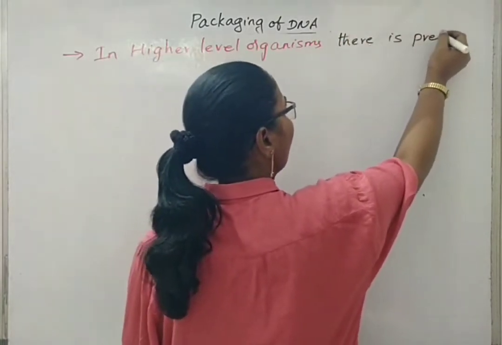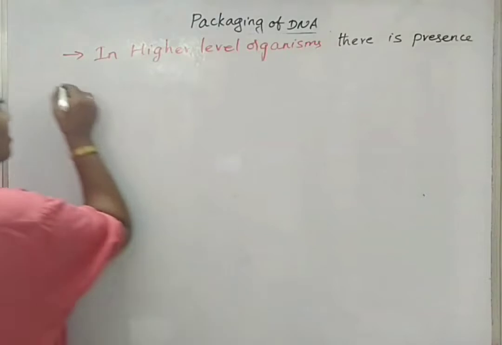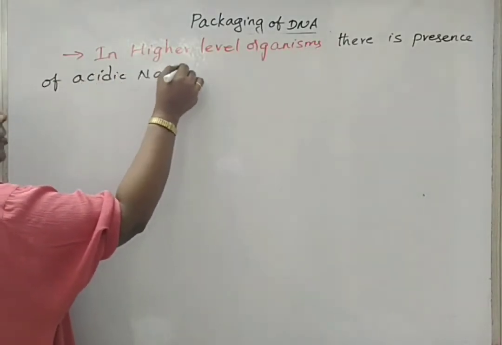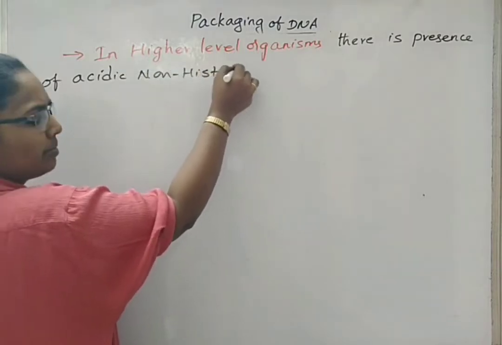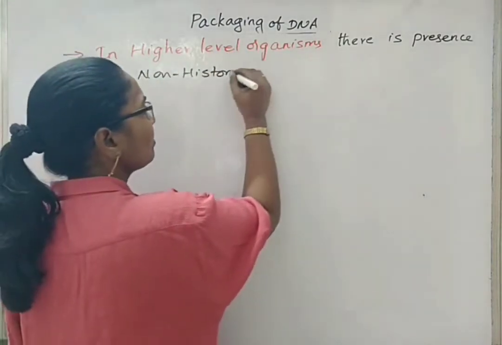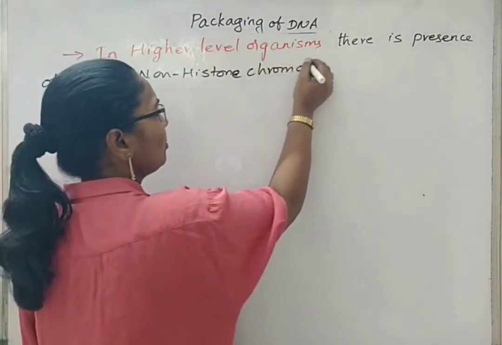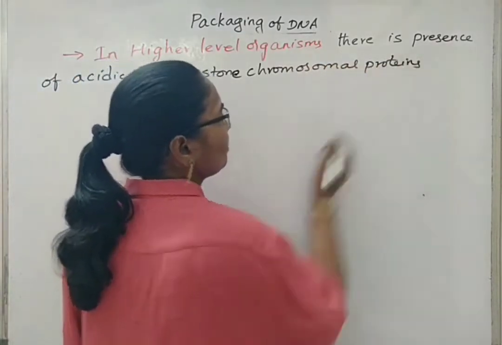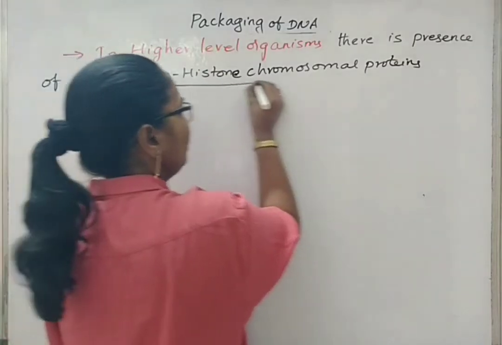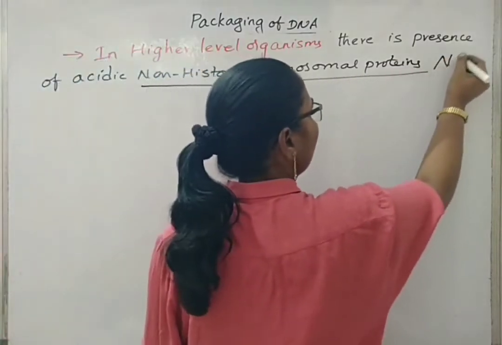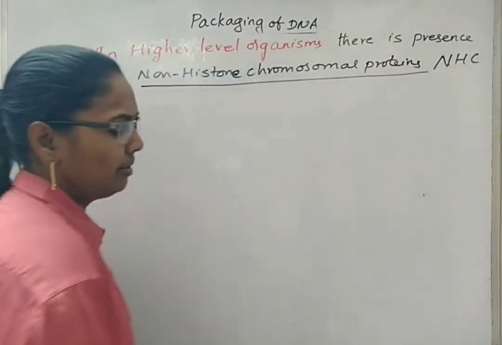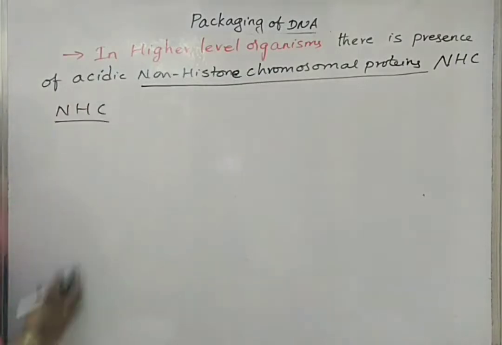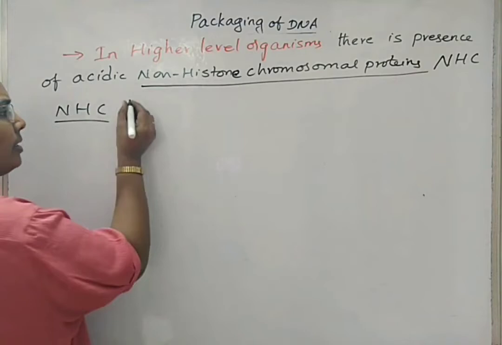There is presence of acidic non-histone proteins, non-histone chromosomal proteins. These are written with the shortcut NHC. So NHC, or non-histone chromosomal proteins, are of three types.